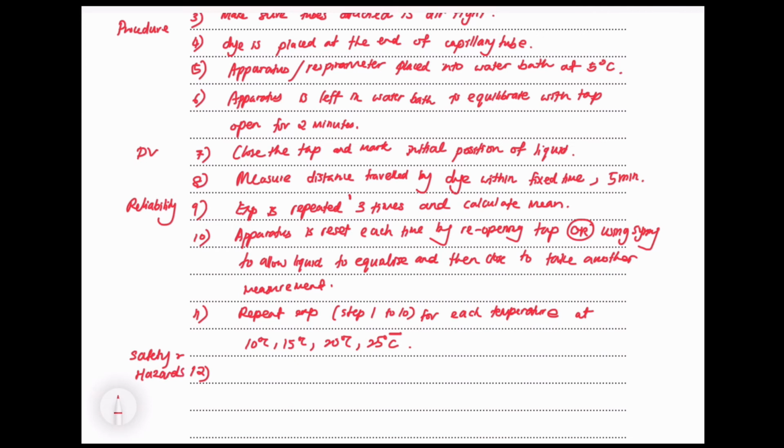So for bio, usually for this planning, we will mention it's either a low risk or medium risk, since this experiment does not involve anything that is flammable or corrosive. So mark scheme actually accept either low or medium risk experiment.